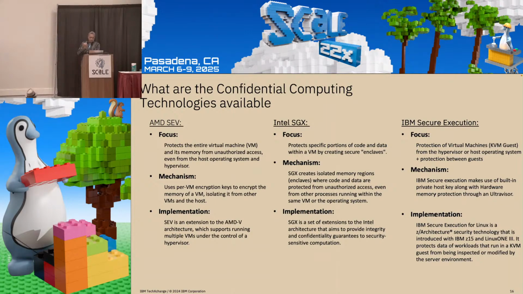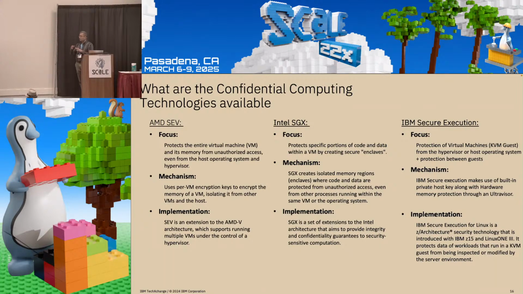This is per-VM encryption by making use of specific keys, and the isolation is at the VM level. Similarly, if we look at Intel SGX, there the protection of a specific portion of code is taken care of within the VM. The code is running in a secure enclave, and SGX creates an isolated memory region within the hardware, and that's the hardware support that it provides.